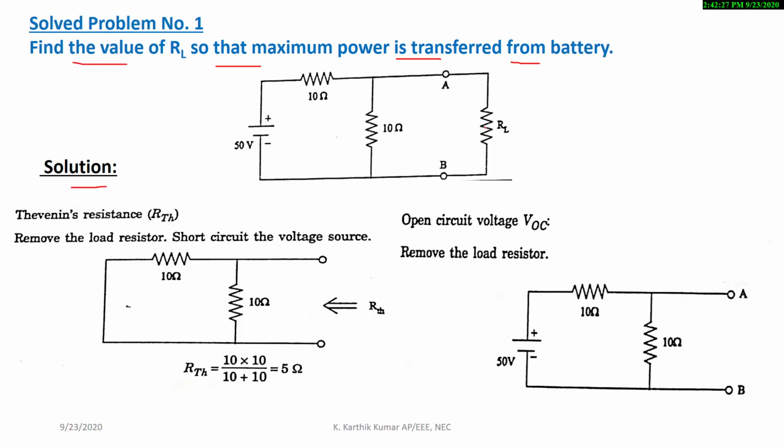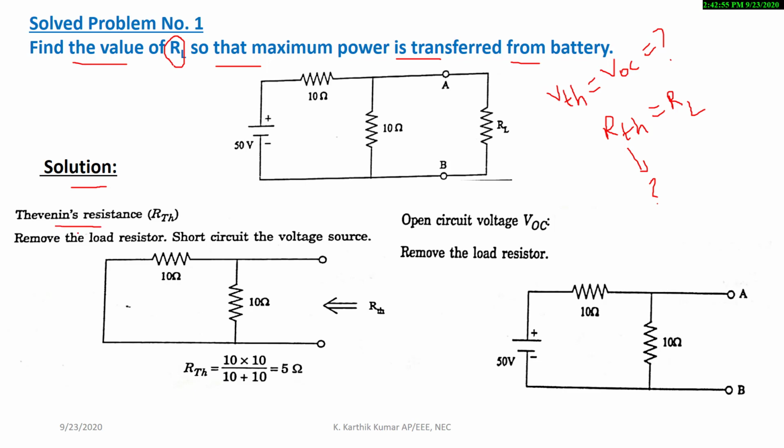Our objective is to find RL, and because RTH is equal to RL, we have to find RTH. Similarly, we have to find VTH, that is Thevenin's voltage, which is equal to VOC.